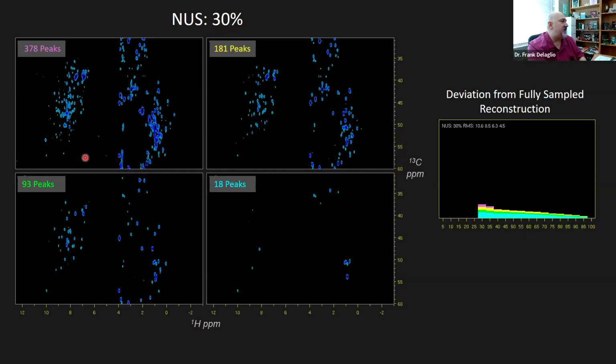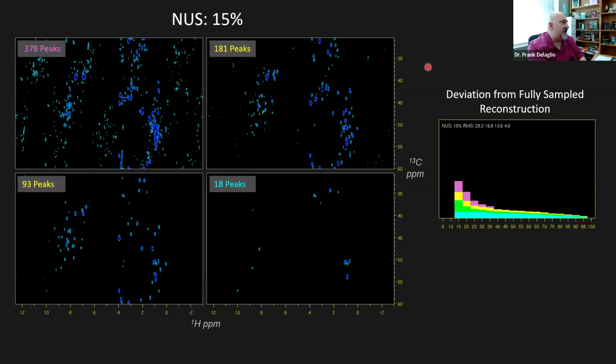By 30%, we start to see substantial artifacts. And now at 25%, we start to see artifacts here. At 20%, this spectrum with 378 peaks is completely unusable, whereas the spectra with 93 peaks and 18 peaks have been almost completely unaffected. And down at 15%, now this spectrum starts to look bad.